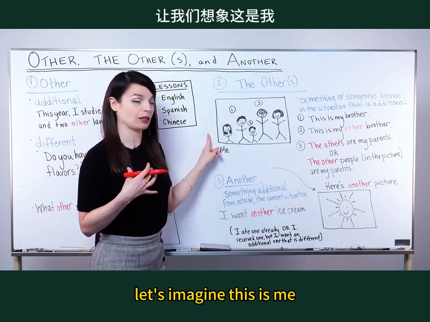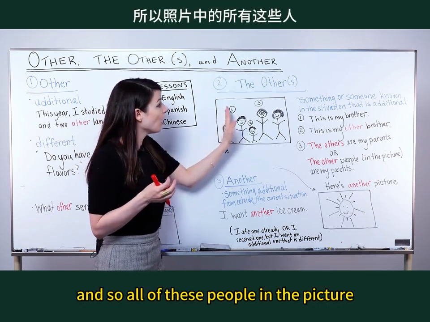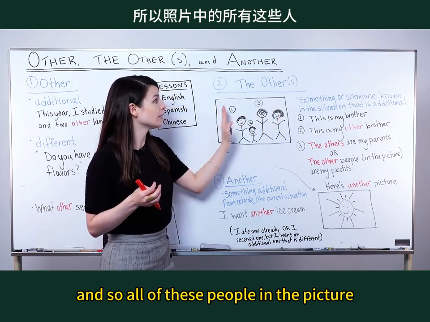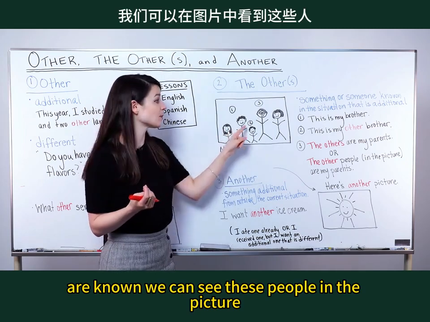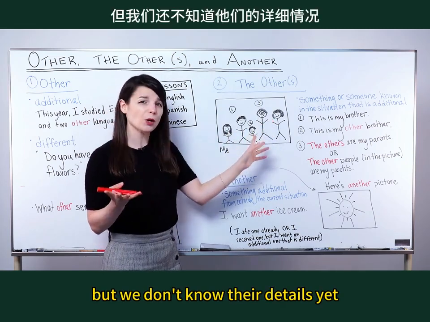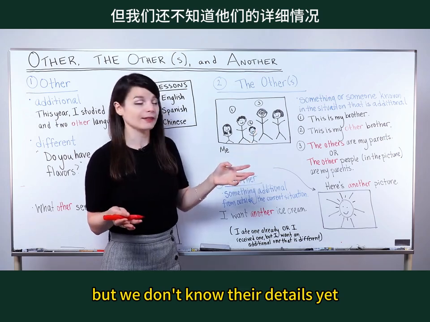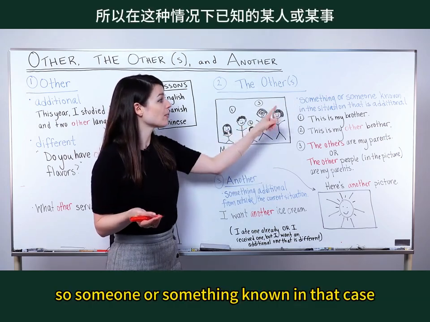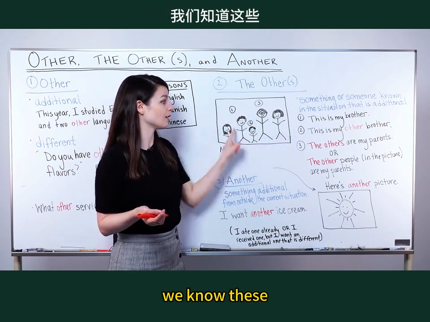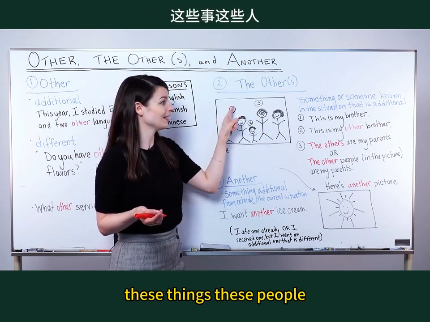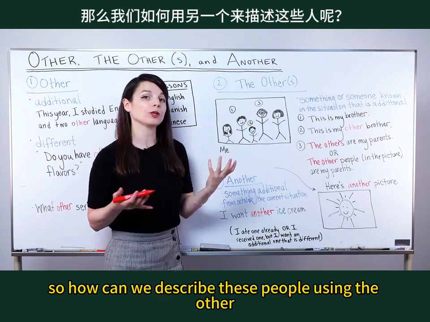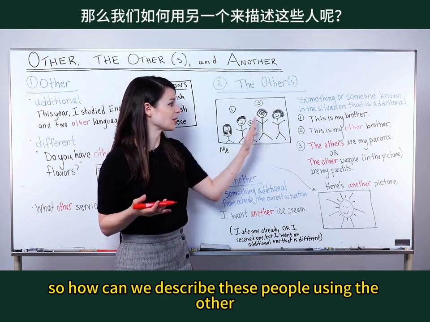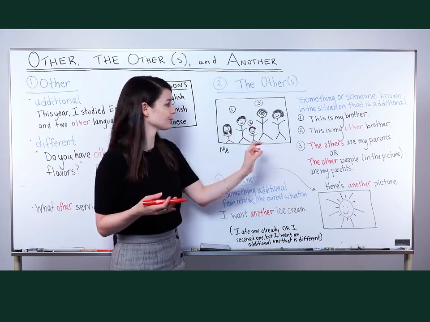All of these people in the picture are known. We can see these people in the picture, but we don't know their details yet. So we know these things, these people, and they're in the situation. It's all very clear. So how can we describe these people using the other?